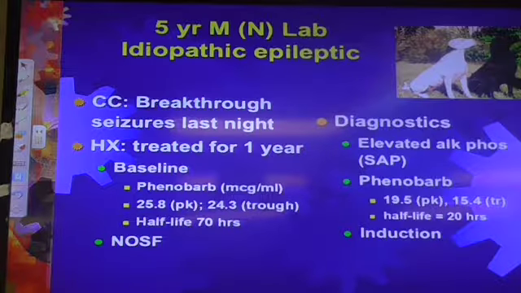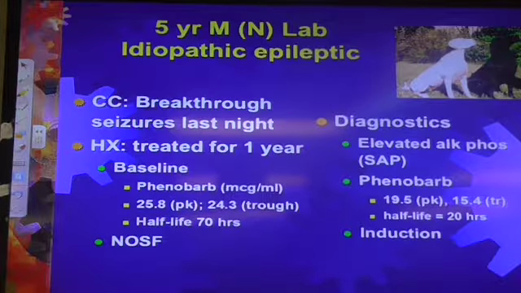Is that making sense? If his drug concentrations were 25 or 30, then I would say his disease is getting worse and he's probably developed tolerance. Is that making sense? So if we measured him here and instead of being 19, his concentrations were 25 or 30, then I would say he's probably developed tolerance because he is seizuring now, he wasn't before, and his drug concentrations are the same or higher than they were before.